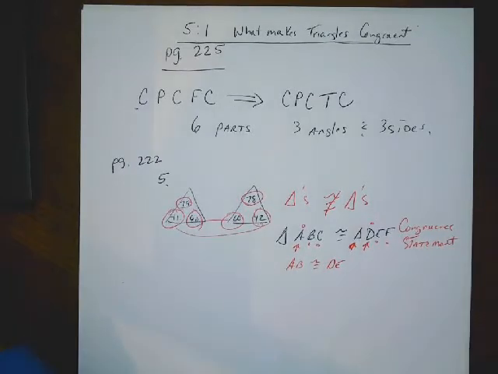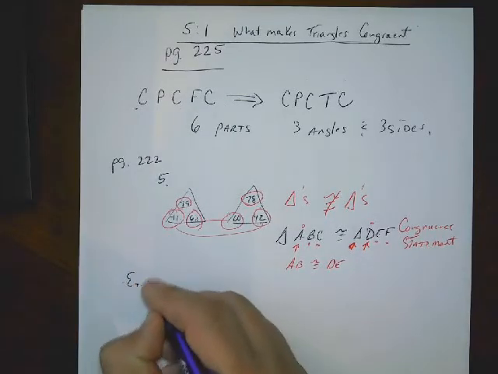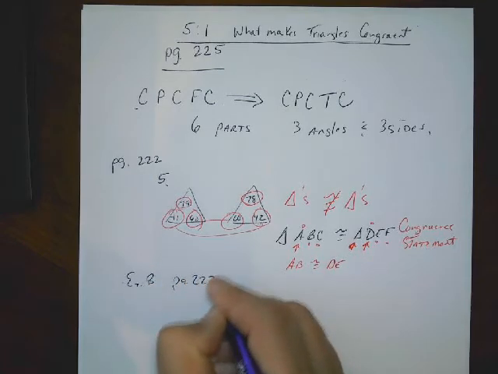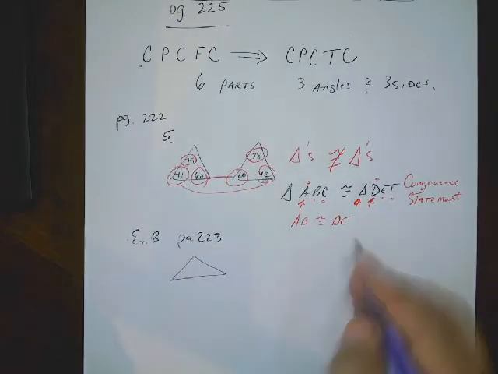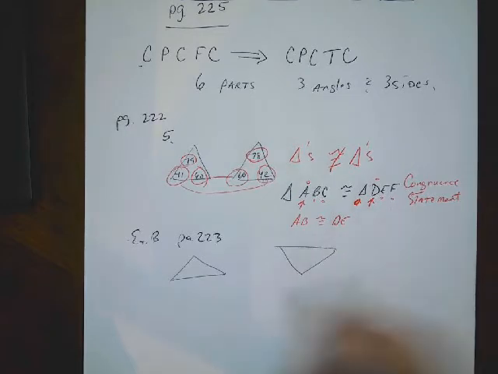Okay. All right, so going back to the book then, let's take a look at a couple of examples. Let's take a look at example B, which is on page 223. Example B, page 223. And it says, we've got a picture, looks like they got one upside down.